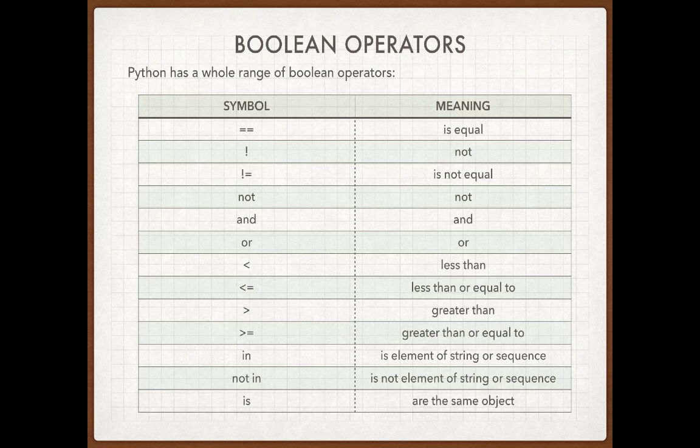But I did want to tell you about it because there are some tutorials out there on the web that assume that is and the double equals are the same and that they're interchangeable, but that's not really true. I hesitate to bring that up, but I want to forewarn you about that.